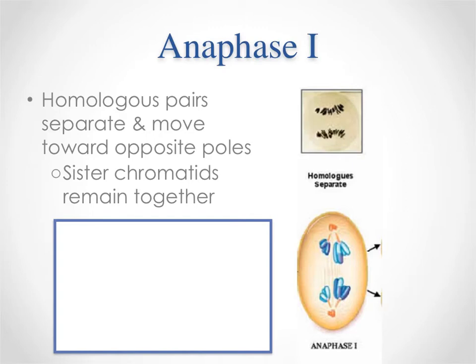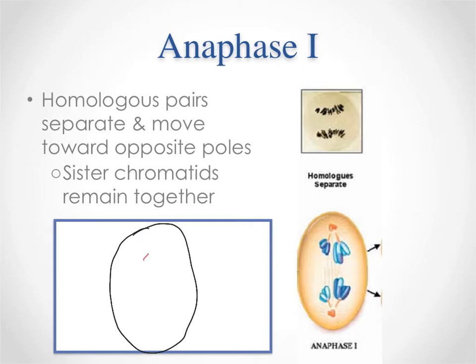In anaphase 1, the spindle fibers shorten and the homologous pairs of chromosomes are separated and move towards opposite poles. The sister chromatids remain together. So if we're looking at our cell, this cell is going to elongate. It's going to look a bit like that.